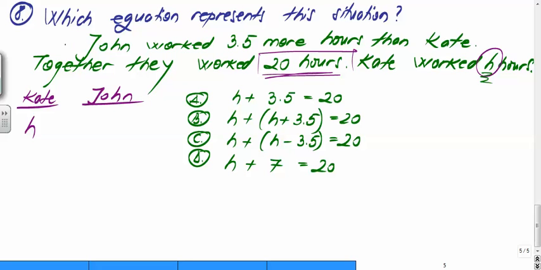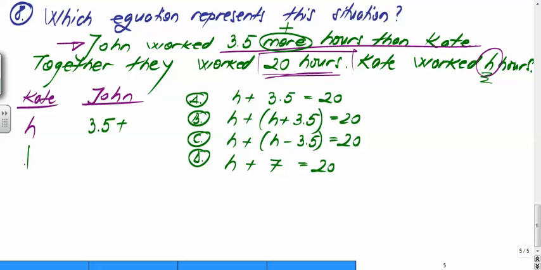Well, let's go back to the first statement. John worked 3.5 more hours than Kate. Well, how can I write that as an algebraic statement? 3.5 more, the word more can be substituted by addition, right? So we'll have 3.5 plus the hours that Kate worked.